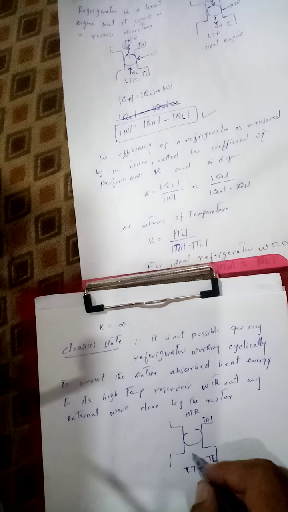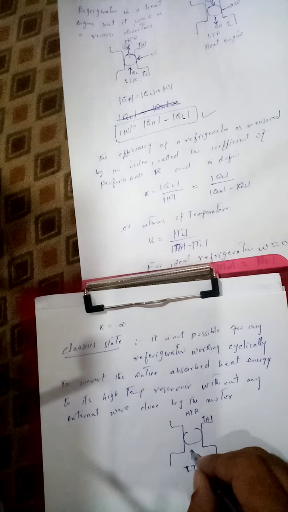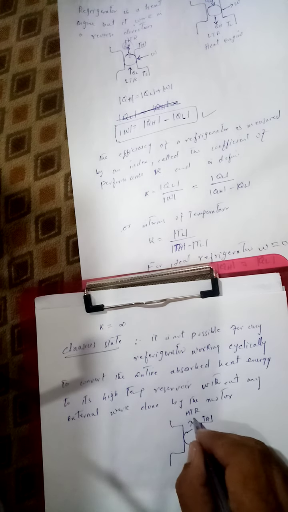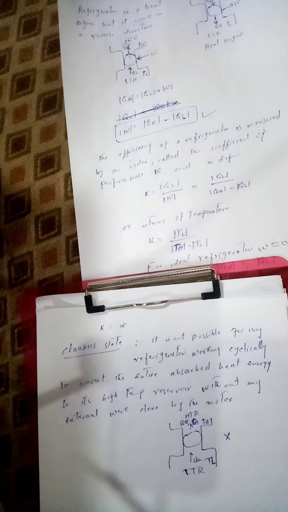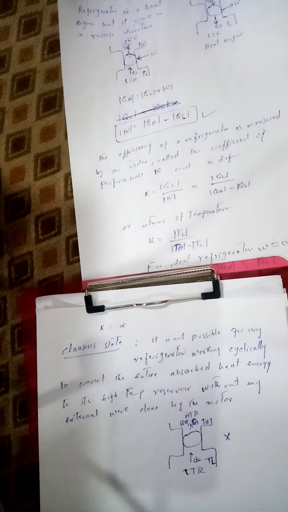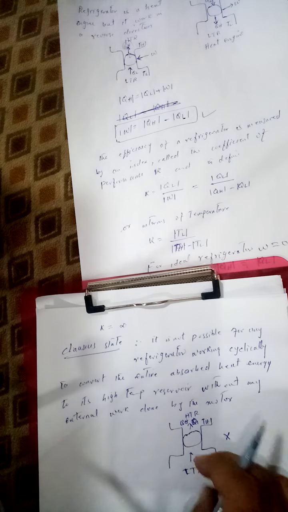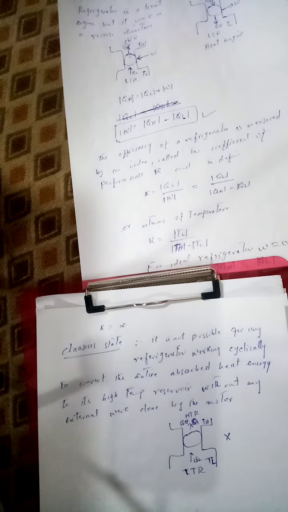It is not possible to convert the entire energy QL given by the low temperature reservoir to the higher temperature reservoir as QH without any external work done by the motor. If there is no work done by the motor, then heat cannot be transferred from a low temperature reservoir to a high temperature reservoir. This is the Clausius statement of the second law of thermodynamics about the refrigerator.